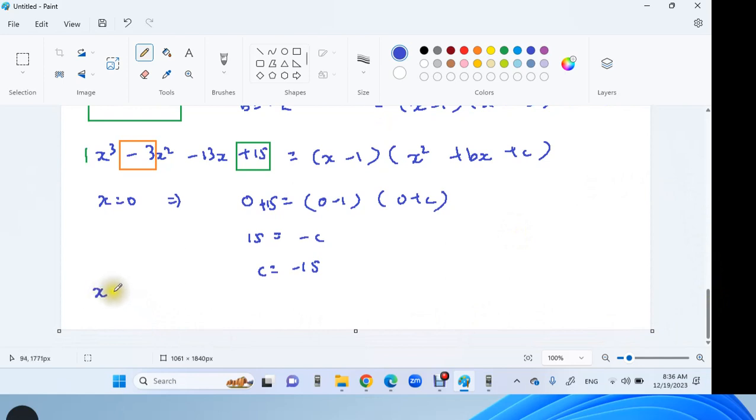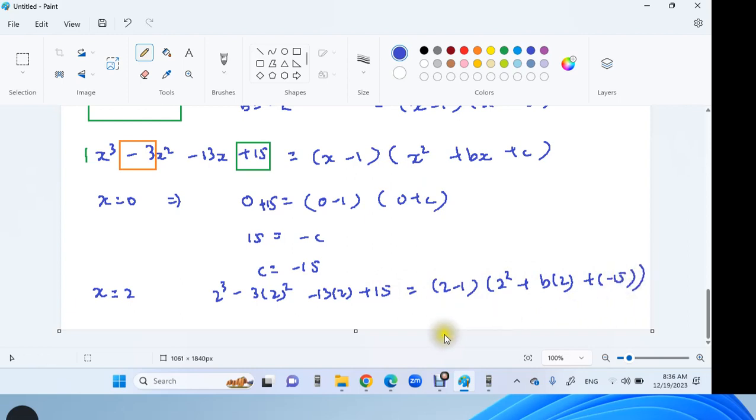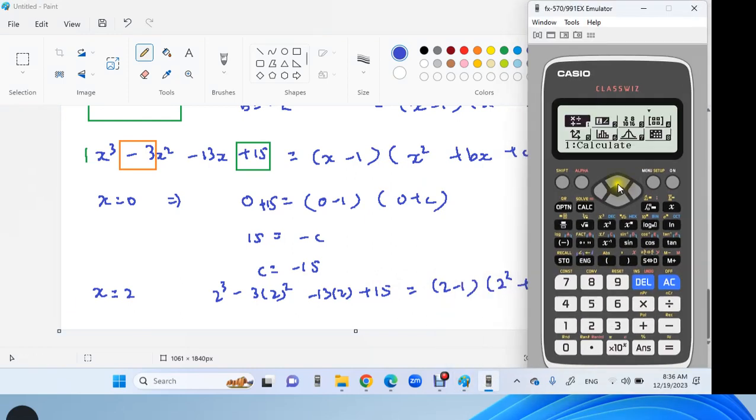After that, we try with x equal to 2. Then we have 2 cubed minus 3 times 2 squared minus 13 times 2 plus 15 equal to (2 minus 1)(2 squared plus 2b plus c). C is negative 15. So we have x cubed minus 3x squared minus 13x plus 15.